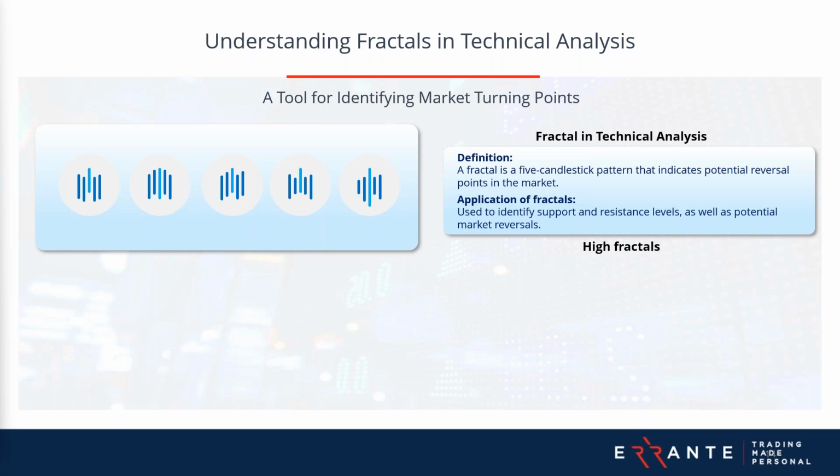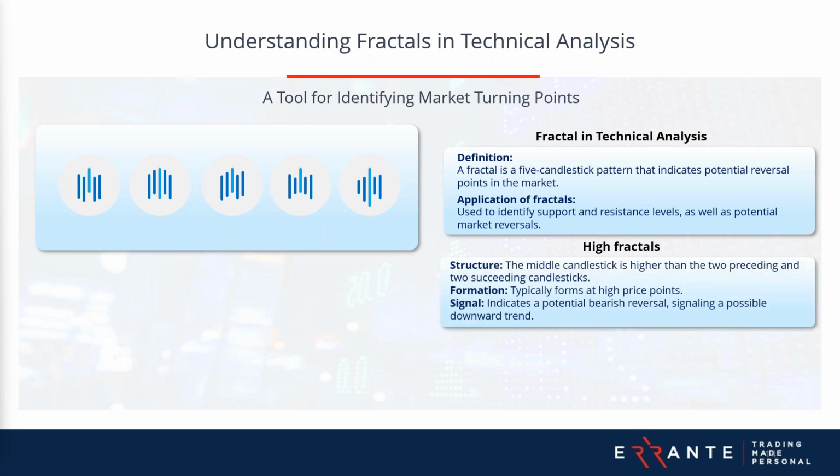Okay, so let's get through the categories of fractals. First, you have high fractals. A high fractal occurs when the middle candlestick is higher than the 2 preceding and 2 succeeding candlesticks.